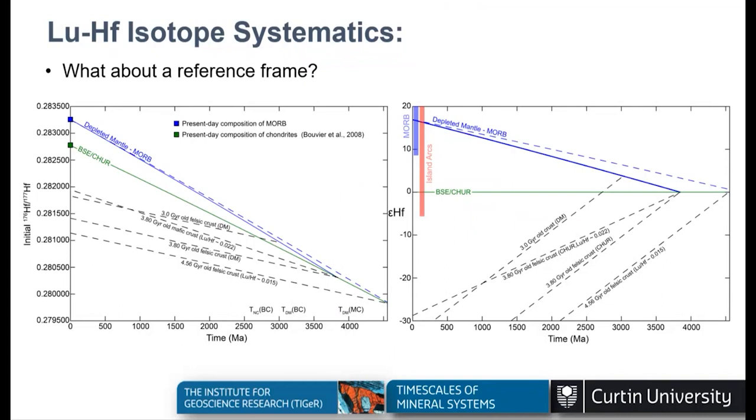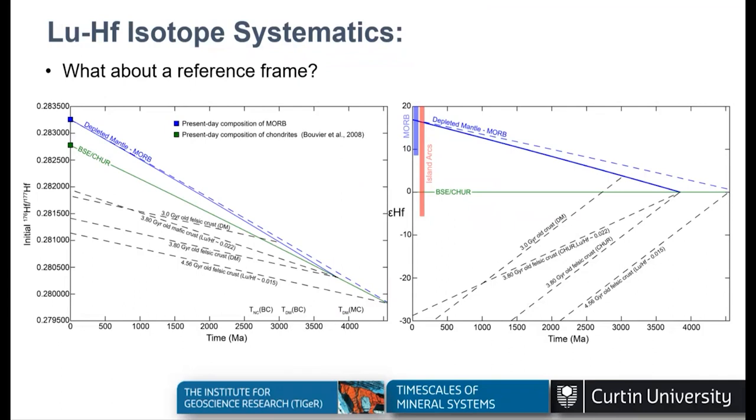But some other models essentially have crust formation and depleted mantle formation mostly happening at 3.8 Ga, and then essentially what you need is a higher lutetium hafnium ratio in order to get to the present day depleted mantle composition. You can also then draw curves that describe how crust would have evolved. You started off with the bulk silicate Earth, took some crust out, formed a depleted mantle.